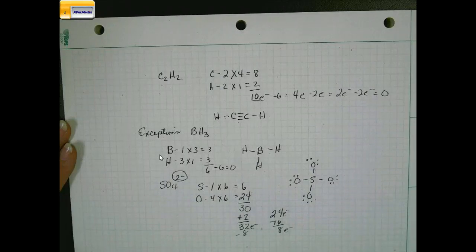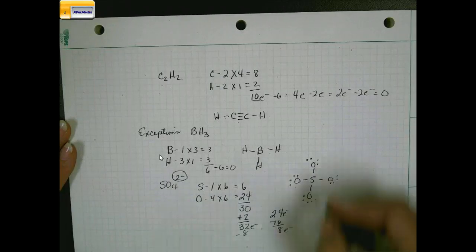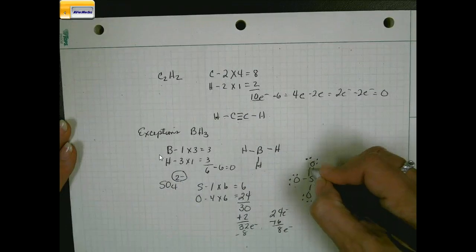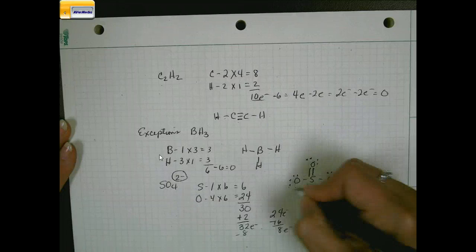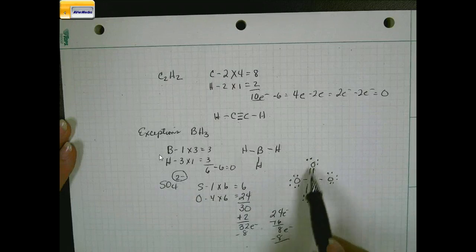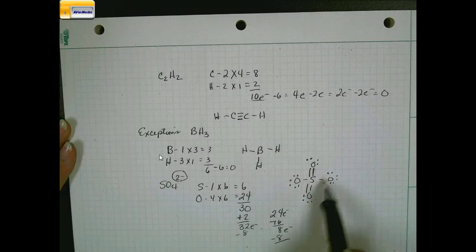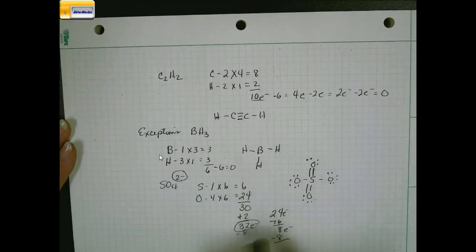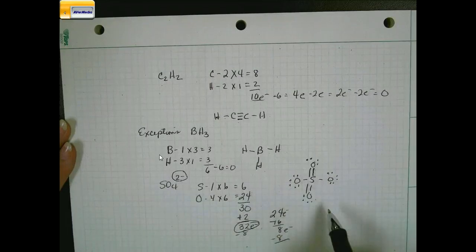So you're going to just have to trust me on this one, that we would make actually a double bond here, a double bond here, and then we would put 2 pairs of electrons there, and that used up 2, 4, 6, 8 more electrons. And if we count, that's 32. So I've used my 32 electrons, and we'll talk about formal charge in another video.